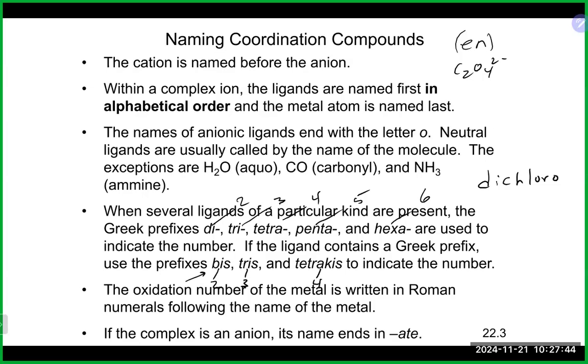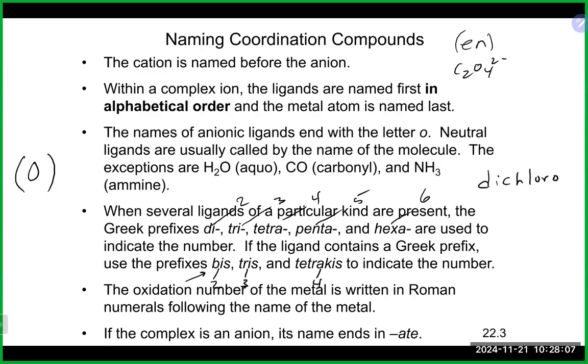The other weird thing is, as odd as it may sound, you could have a neutral metal with no oxidation state, and we put a 0 in there, which is not technically a Roman numeral.